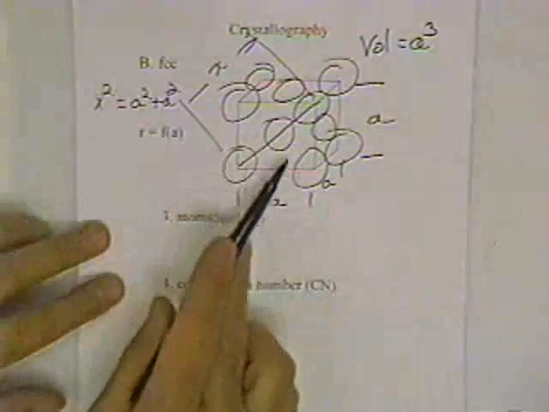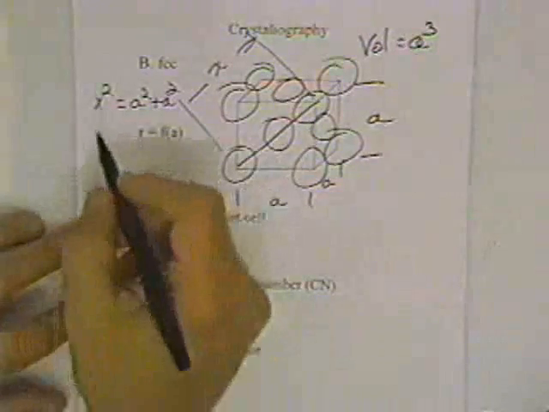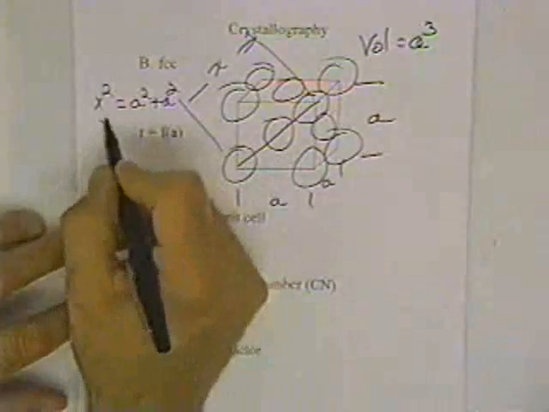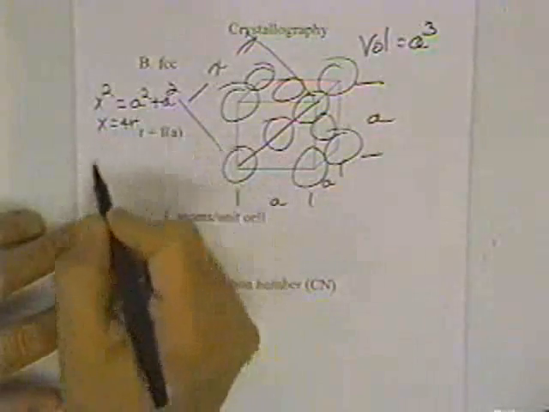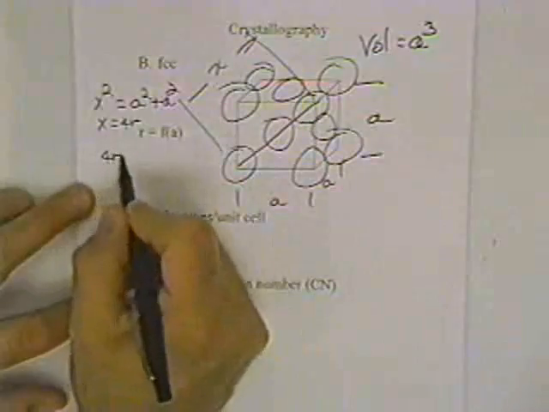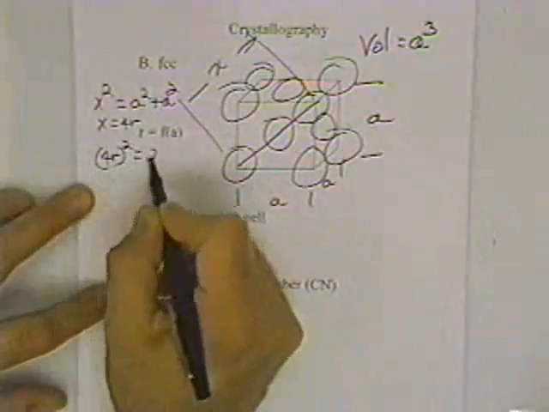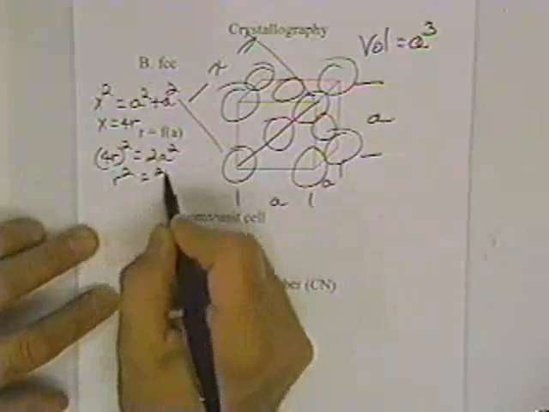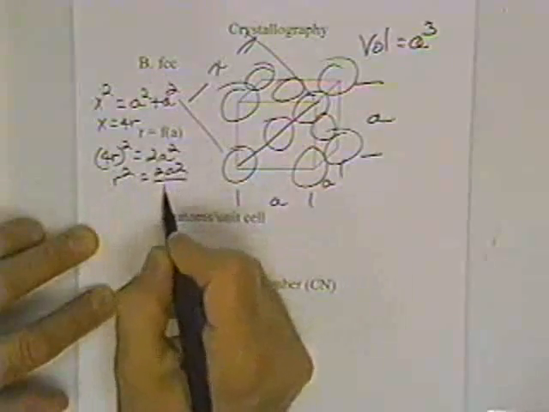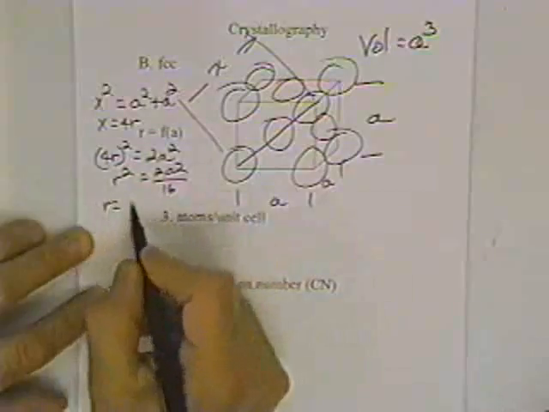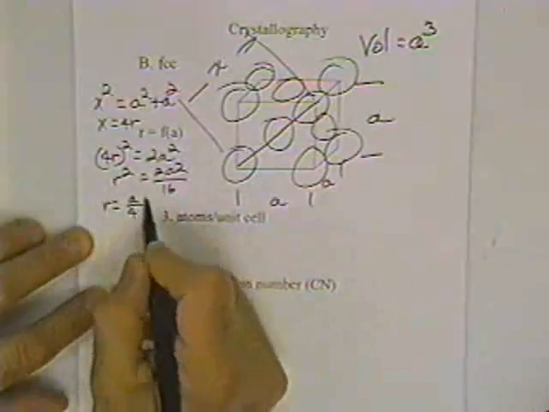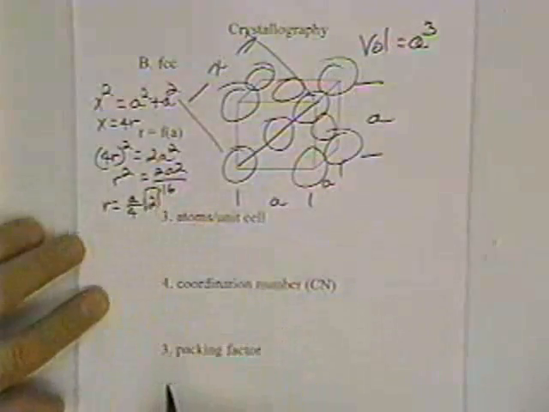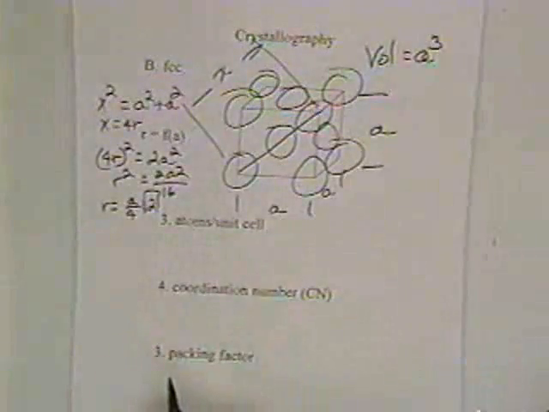Again, though, there's 1, 2, 3, 4 radiuses in there, so we can say x is equal to 4r. 4r squared is equal to 2a squared. R squared is equal to 2a squared over 16, and r will be equal to a over 4 times the square root of 2. So if we know the lattice parameter, we can estimate what the size is.